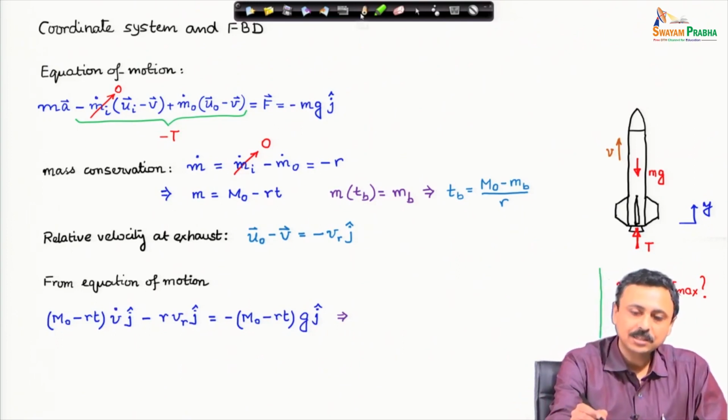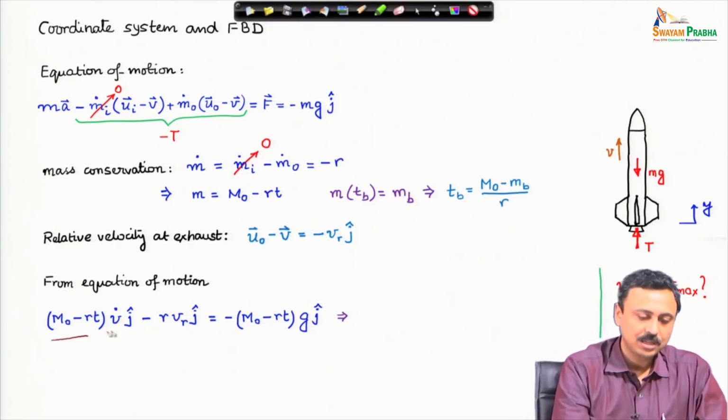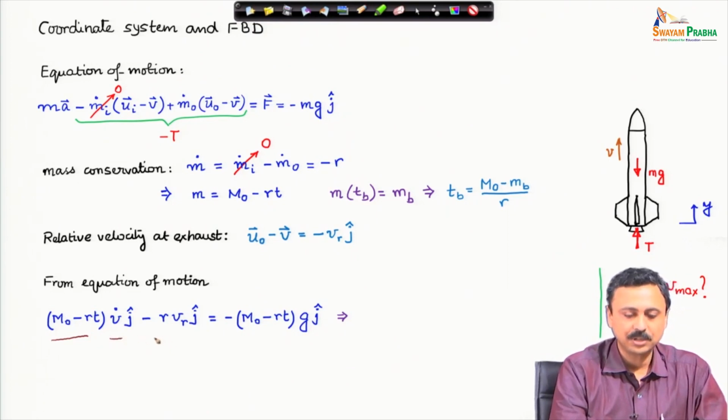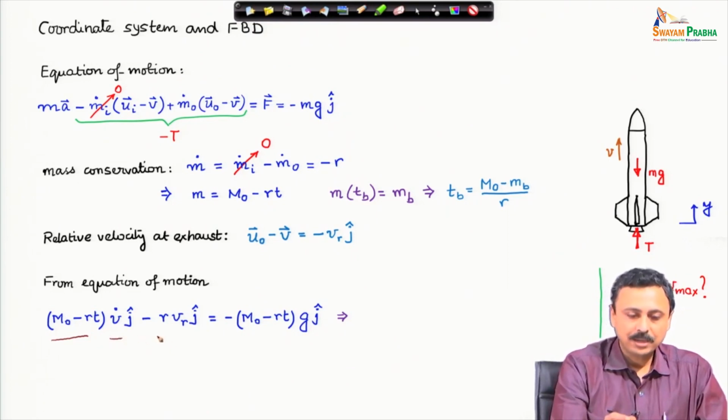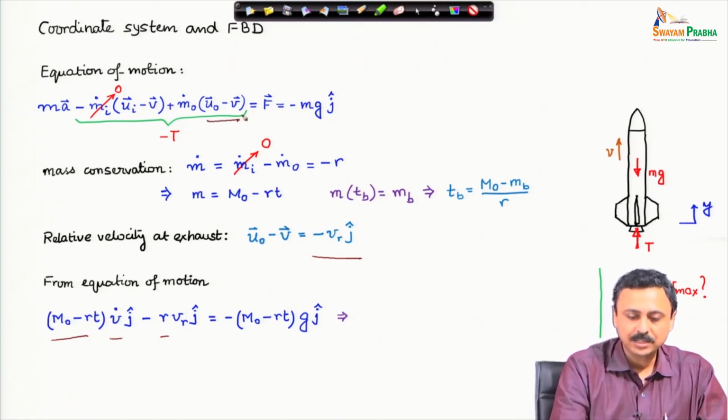This is mass times acceleration in the j cap direction. Now, the minus comes from this and m o dot. m o dot is r, and this u o minus v is minus V r j cap.